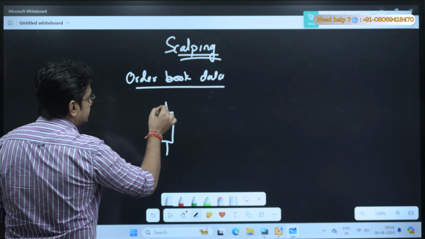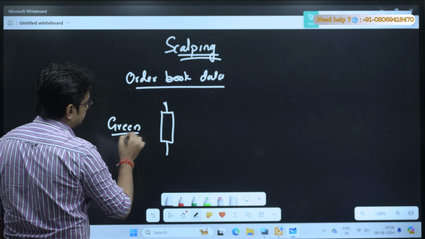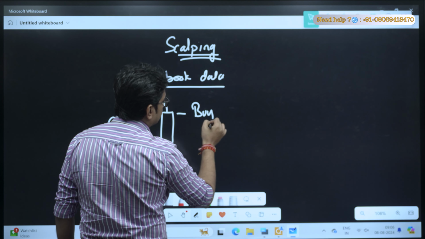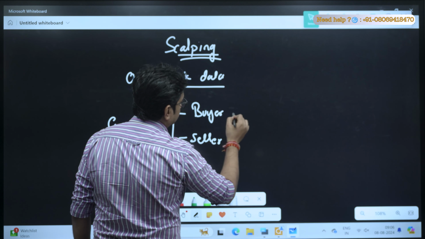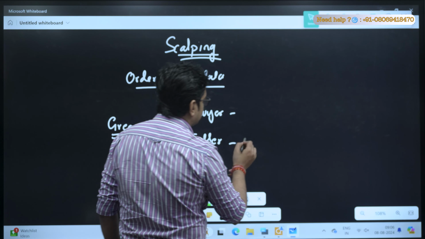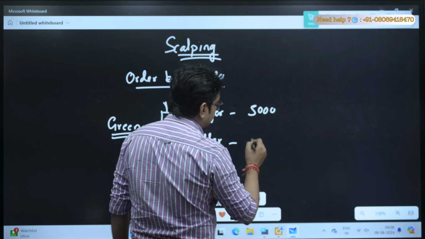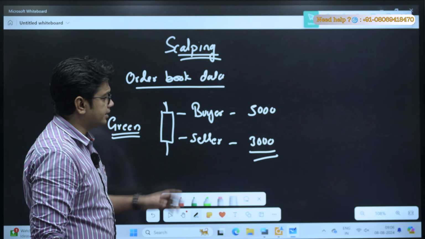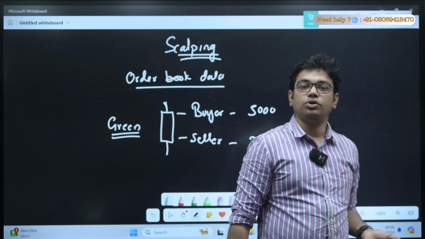Now consider this candle is green. Here it will show you both buyers as well as sellers. Let's say buyers have 5,000 quantity and sellers have 3,000 quantity. It clearly indicates that buyers are more than sellers, meaning buyers are more dominant.